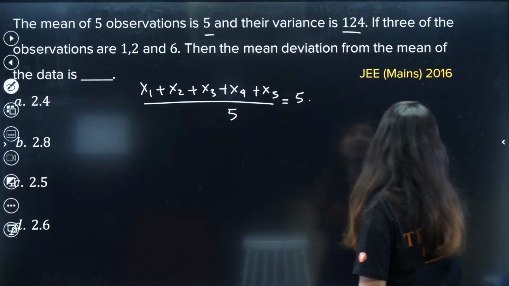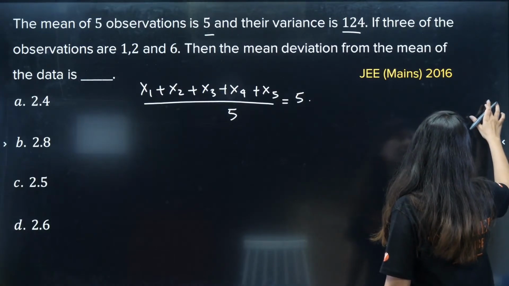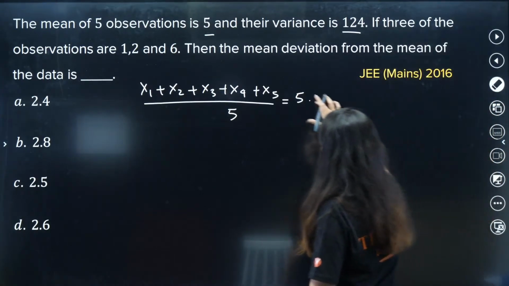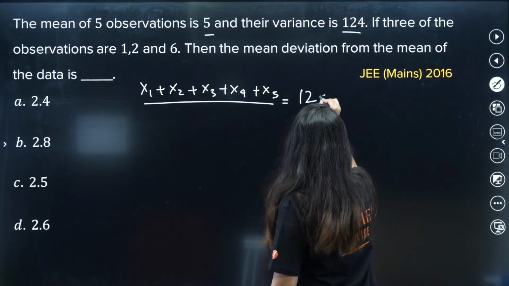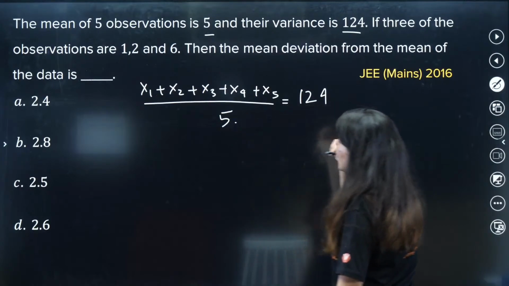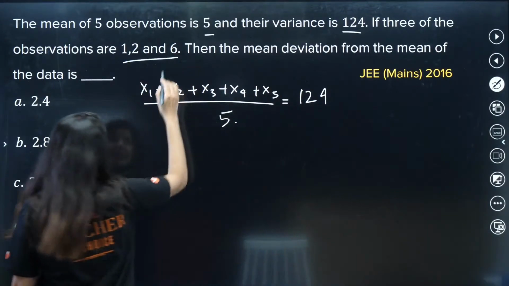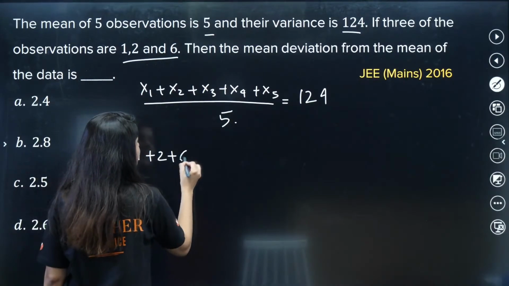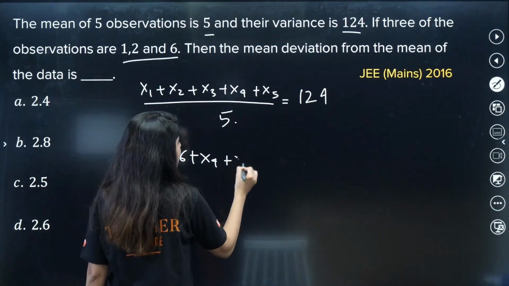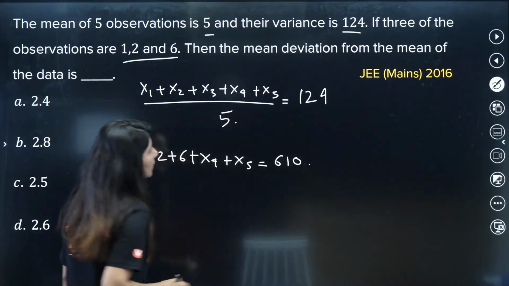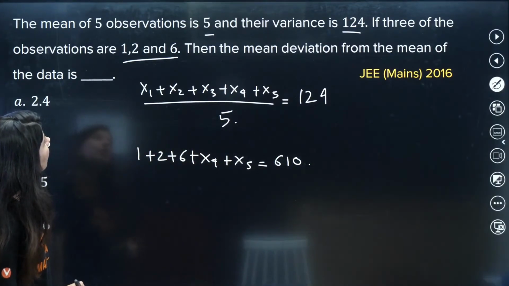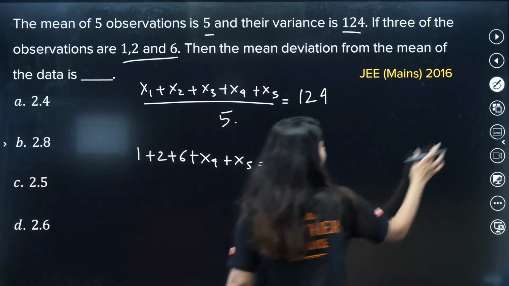Variance is 124. 3 observations are given to us, 1, 2 and 6. So 1 plus 2 plus 6 plus x4 plus x5 is nothing but 25.